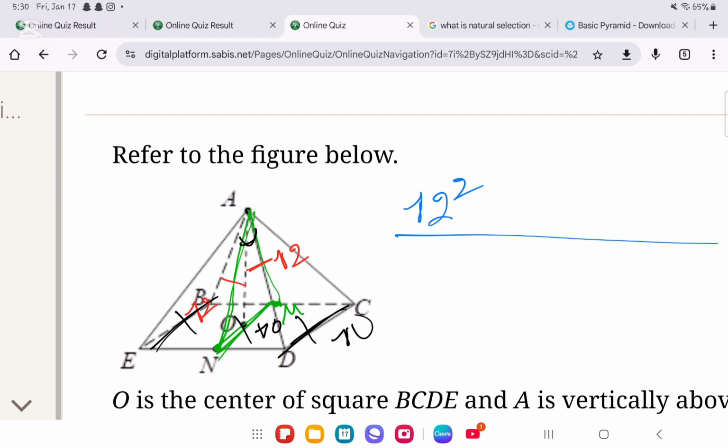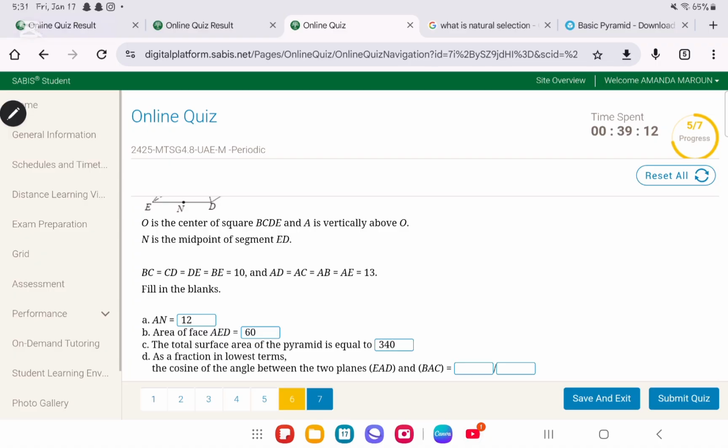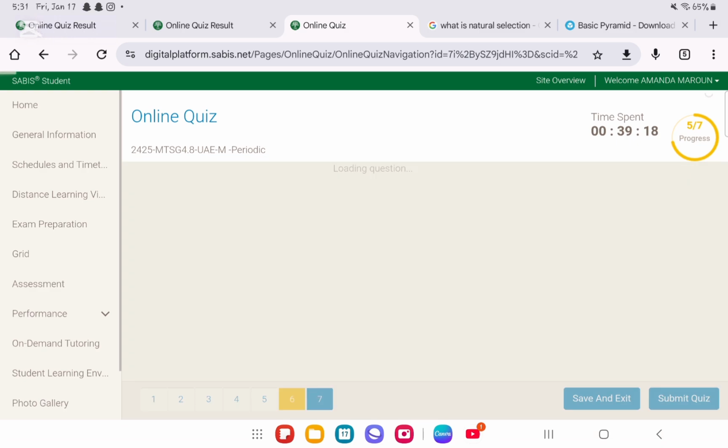So 12 squared plus 12 squared minus 10 squared over 2 times 12 times 12, if you do it on your calculator, you are then gonna get 47 over 72, and that is very simply our answer, which is 47.